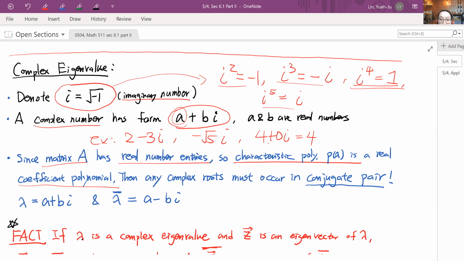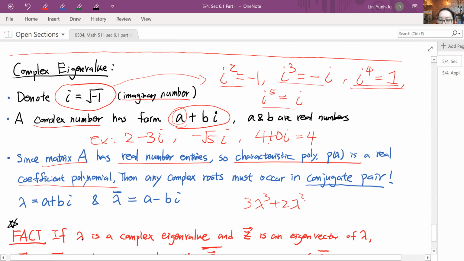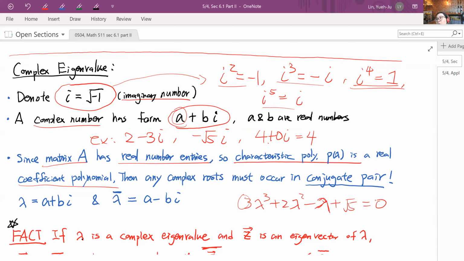For example, if you have some real-coefficient polynomial, say you want to solve this equals 0, and I'm just making up an example here, it's possible that your root could be a complex number.